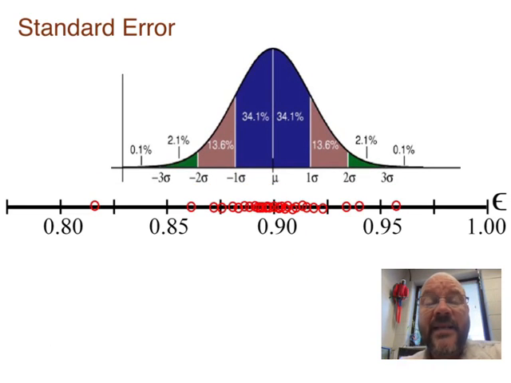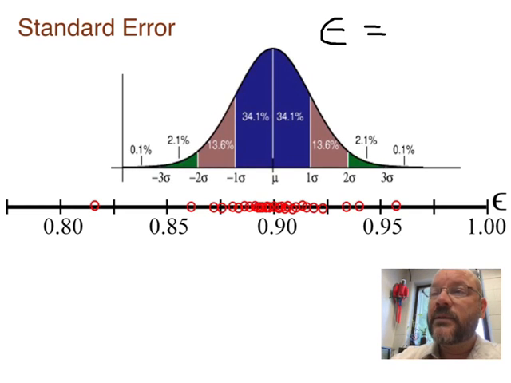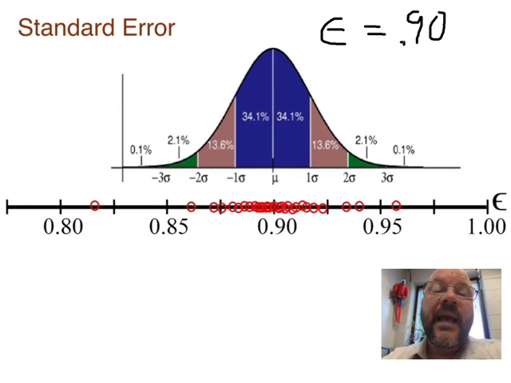So earlier I asked you what we would say the answer is, and we might want to say something like, the coefficient of restitution is equal to 0.9. But then we said, yeah, but that's just the average value. That's just the mean.